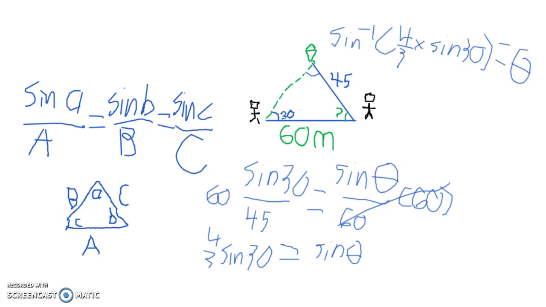Now, we just plug this into a calculator. If we put this into a calculator, which I have already done, it will give us 41.81103149. Basically, a lot of numbers. We'll simplify it to 41.81 degrees.